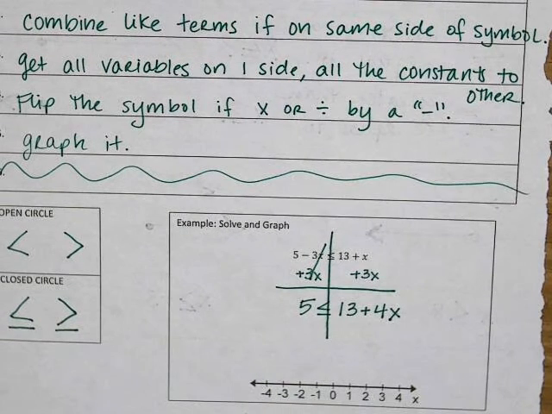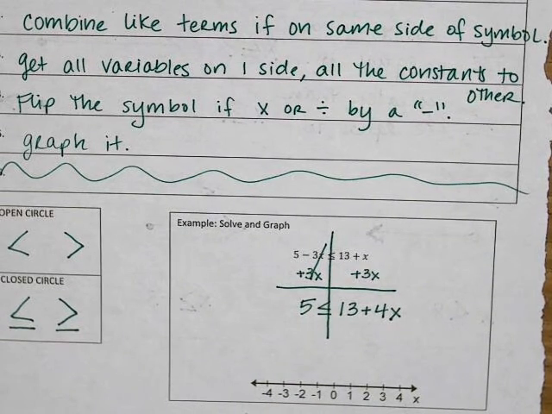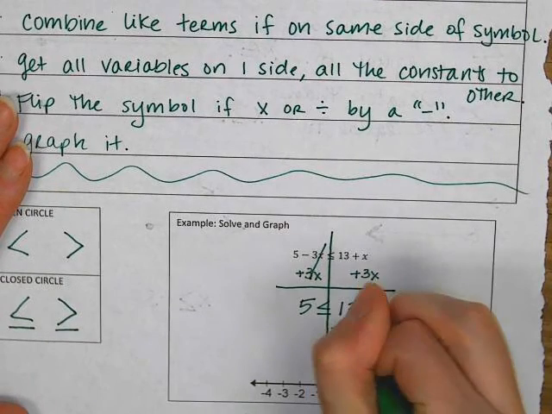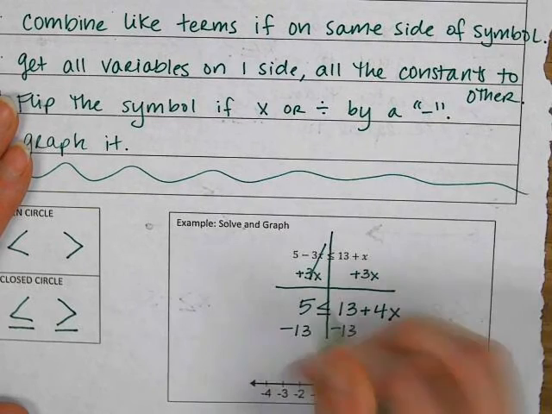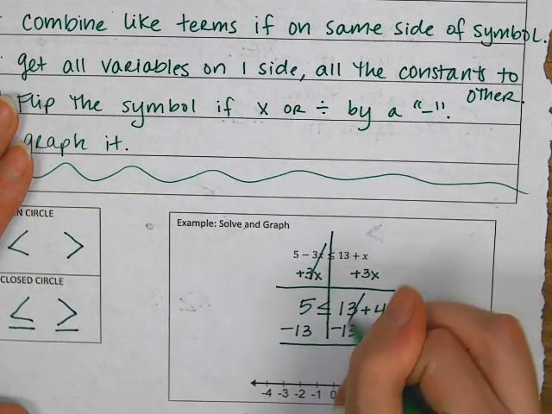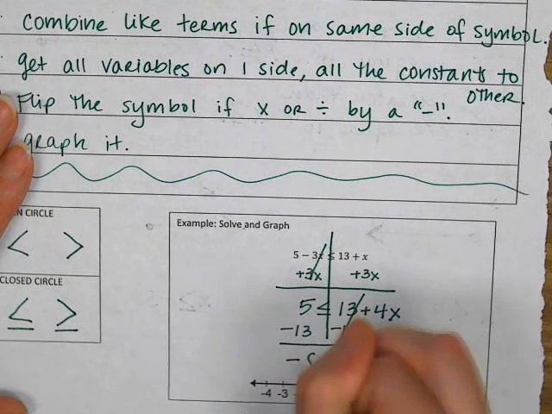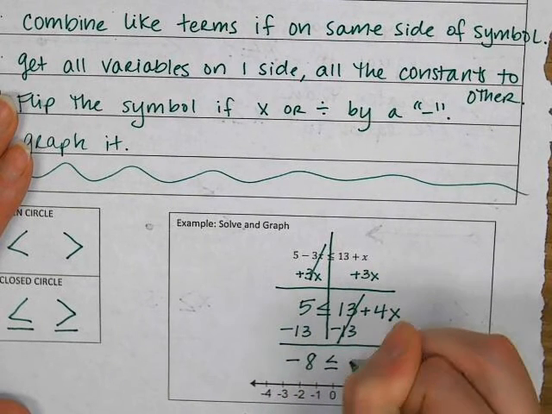Now, I got all the variables to the right, so I need to move this constant to the left. I do that by subtracting 13 from both sides. And they cancel. Remember these? We're good at these. 5 minus 13 is negative 8 is less than or equal to 4x.